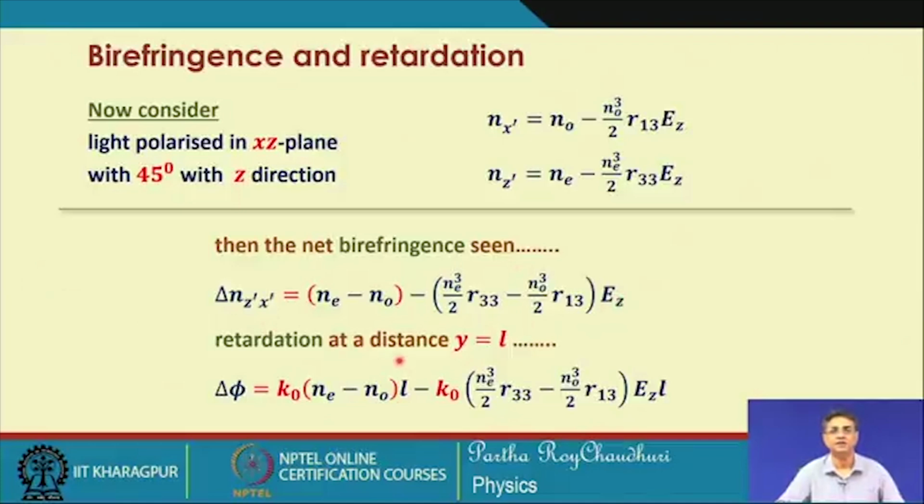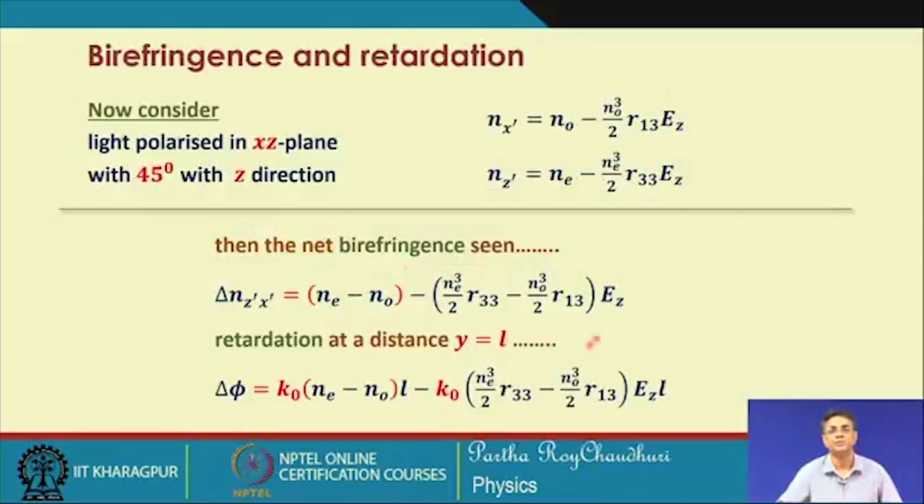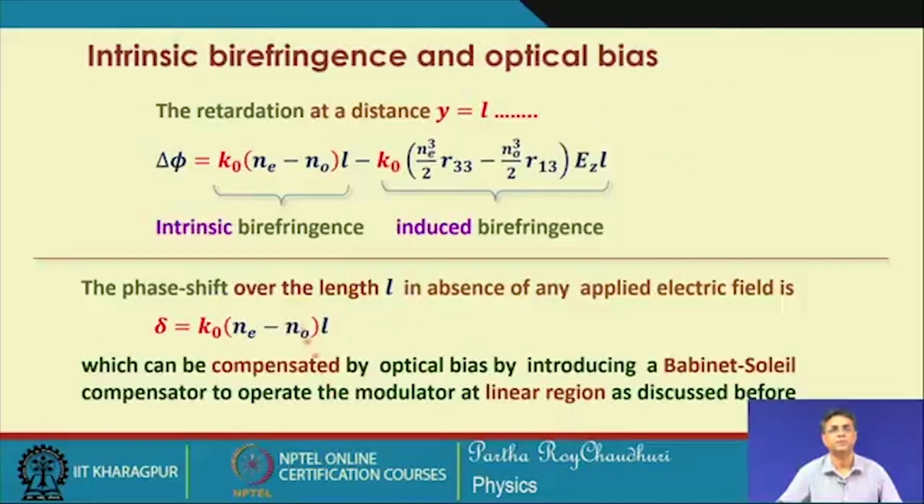So, retardation at a distance y: the light has travelled through a distance of y, so over this distance it has accumulated phase which will result in this retardation, that is delta phi, equal to this into this, very straightforward from here. This is the induced retardation and this is the intrinsic retardation because of the natural values of the refractive indices along the x and z direction.